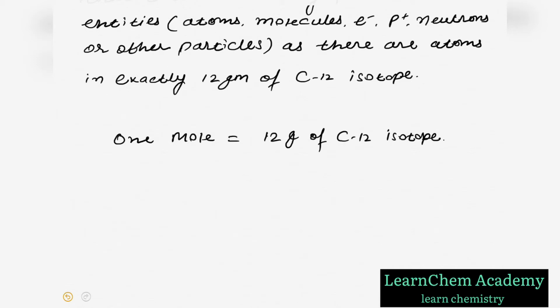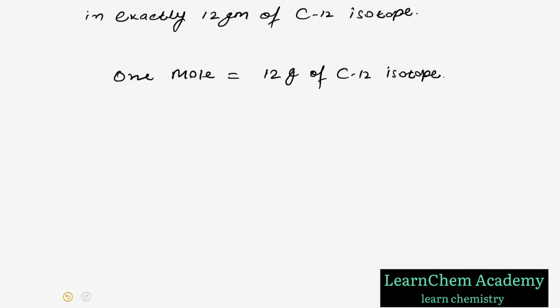Next, in order to determine this number precisely, the mass of a carbon-12 atom was determined by mass spectrometer and found to be equal to 1.99 into 10 raised to power minus 23 gram.